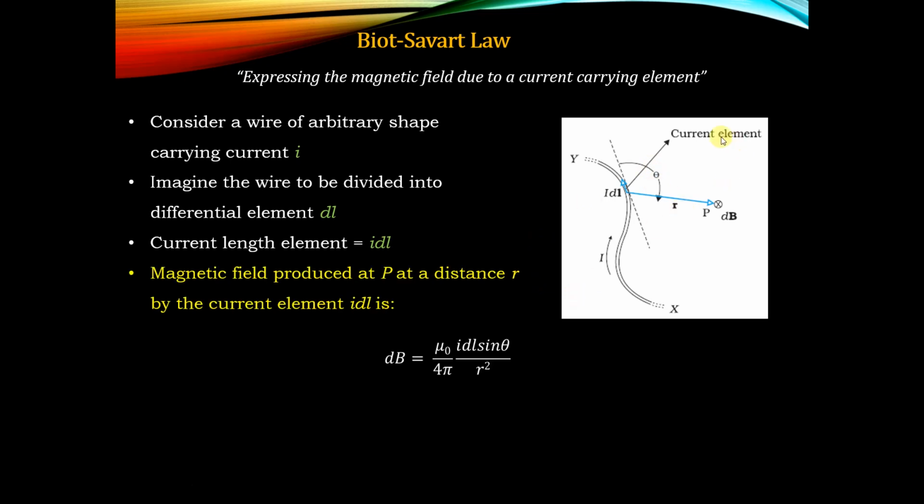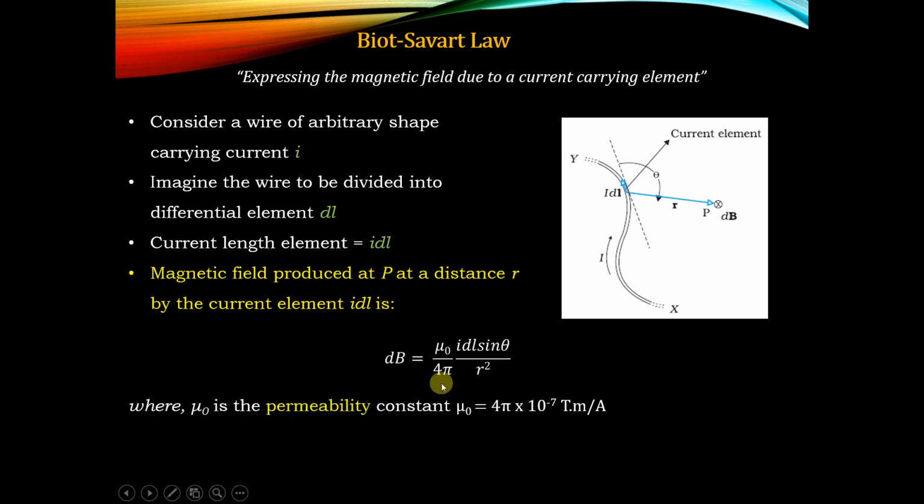So the magnetic field which is going to be produced at this point P, at a distance r from the current element, is given as dB is equal to mu naught by 4 pi I dl sin theta by r square, where mu naught is the permeability constant given as 4 pi into 10 power minus 7 Tesla meter per ampere.